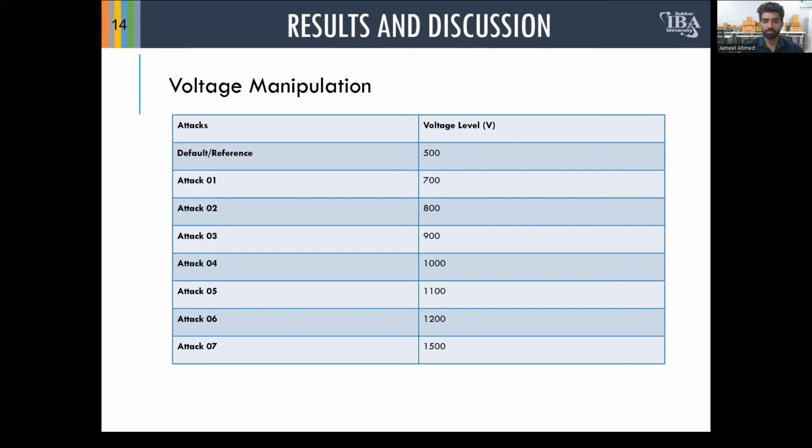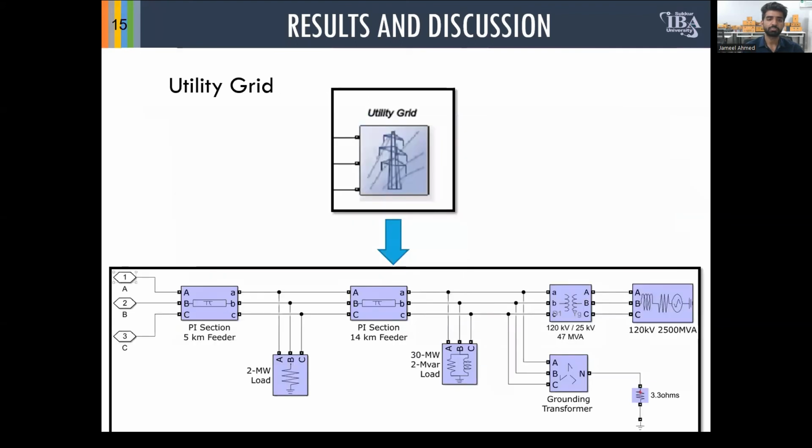We analyzed different values of voltage. For attack 1, it was 700. For attack 2, it was 800. For attack 3, it was 900. For attack 4, it was 1000. For attack 5, it was 1100. For attack 6, it was 1200. Finally, for attack 7, it was 1500. So on different values of voltage, we took results and analyzed them.